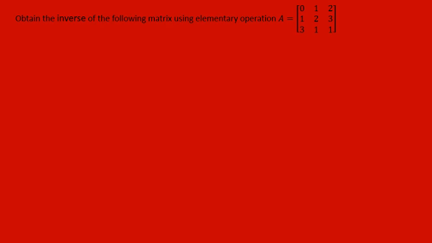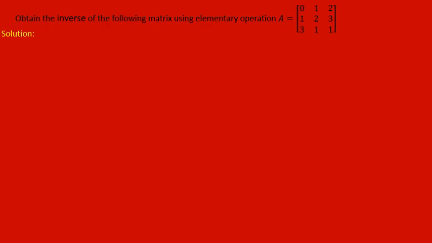Now we will solve one problem to make this clear, right? First I will do the problem using row transformations, and then I will do the same problem using column transformations. I recommend that you take your notebook and pen and solve simultaneously while you are going through this video.